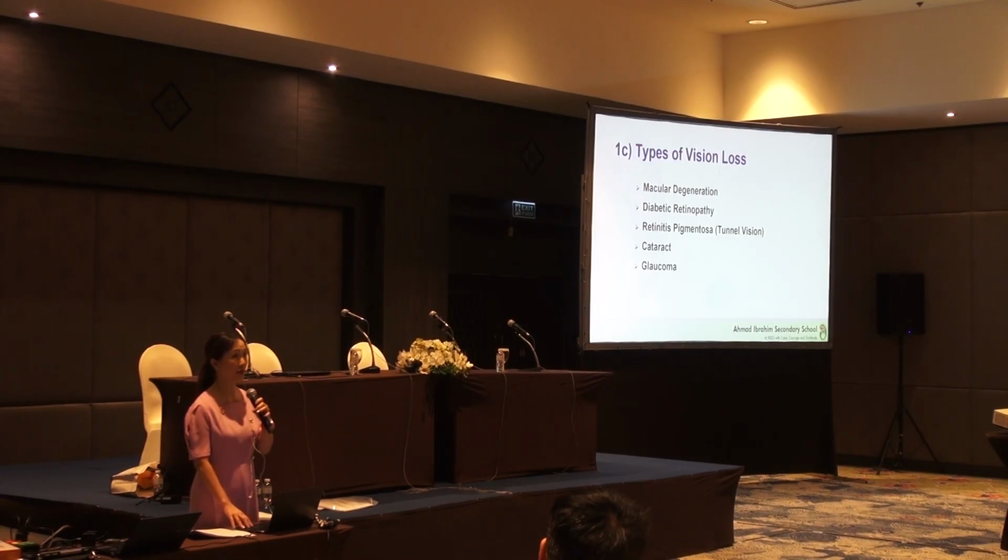Okay. So I shall briefly go through some types of vision loss. Again, this list is not complete. I just chose a few examples which you actually see. So macular degeneration, this is how a person with this condition will be seeing through their lenses. And this may also vary because it depends on how severe the condition is.